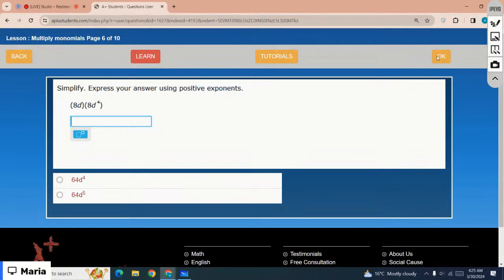Yes, that is 64d5. Option number 2 is the correct option, right? Option number 2 is the correct option.